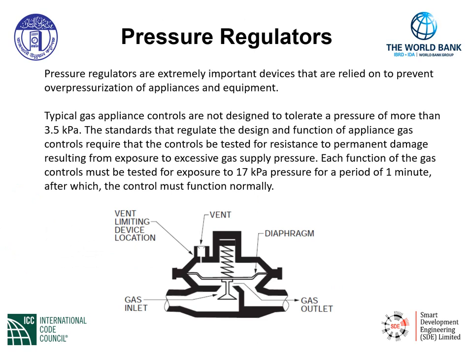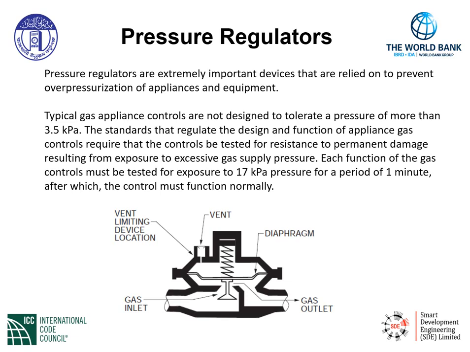Pressure regulators are extremely important devices. They're relied on to prevent overpressurization of appliances and equipment. This is where we fine-tune the pressures in our gas piping systems. Typical gas appliance controls are not designed to tolerate a pressure of more than 3.5 kPa.